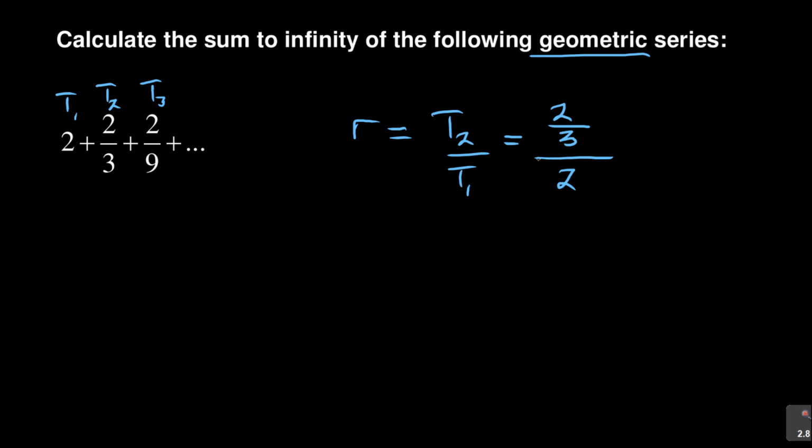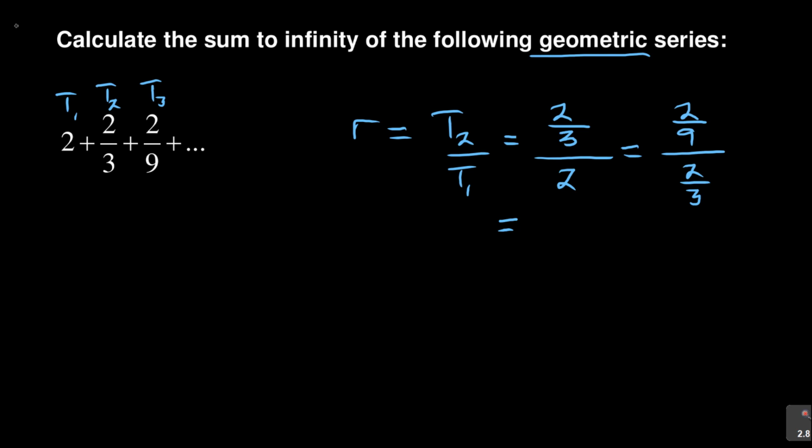Be careful how you write this and how you punch this in your calculator. You can even use the other one, which is T3 over T2. If it's T3 over T2, it is 2 over 9 then over 2 over 3. You can use one of these; it will give you the common ratio.